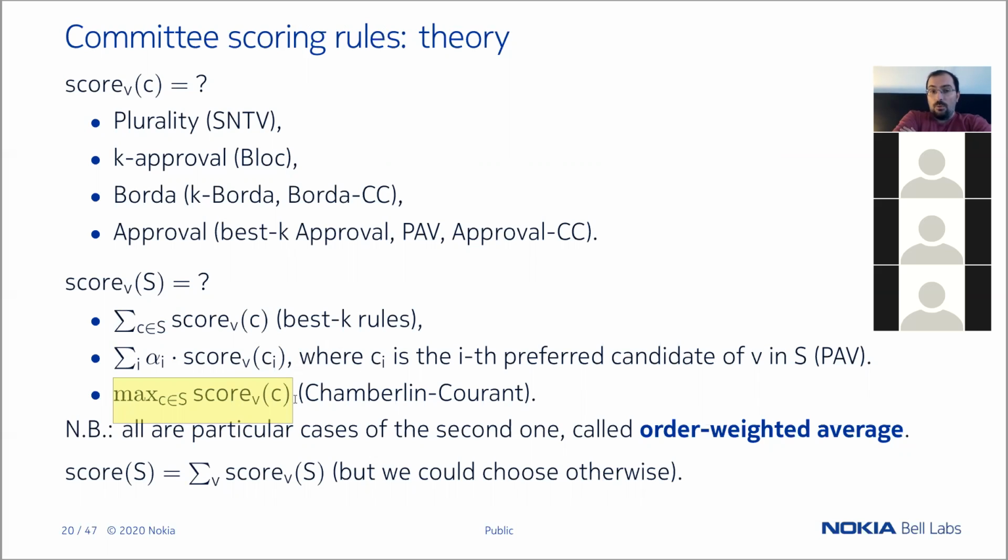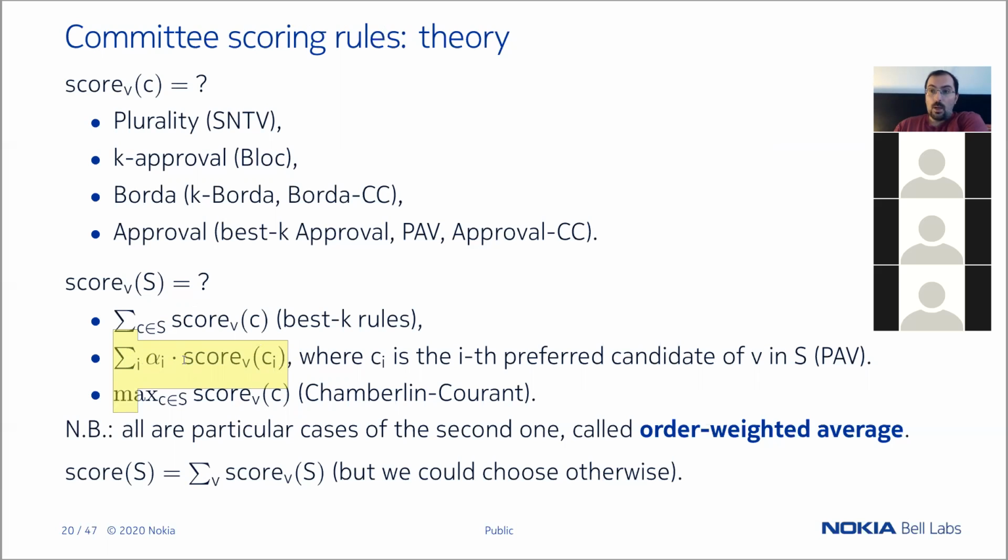In fact, these three cases are particular cases of the second one, which is called, as I said, order weighted average. In an order weighted average, if you put 1 everywhere for the weights, then you have the sum.